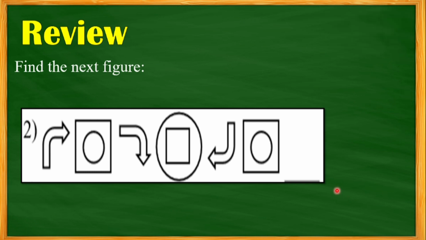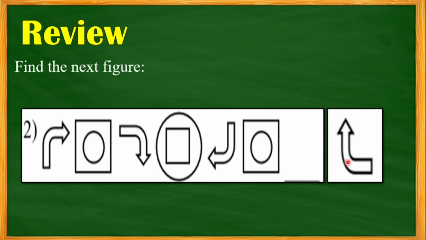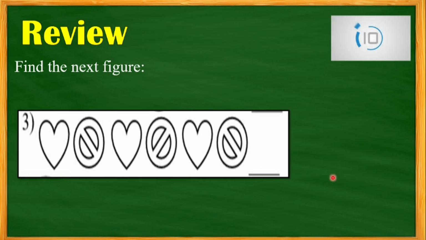The correct answer for this one is an arrow going up, because arrow right, circle square, arrow down, square circle square, and arrow left, square circle, and then the next one is arrow up. Very good, Grade 4 pupils.